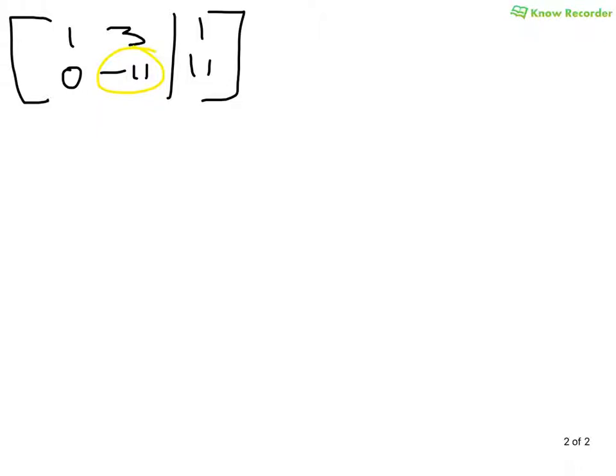Our directions are going to be written as row 2 times negative 1 over 11 equals a new row 2.